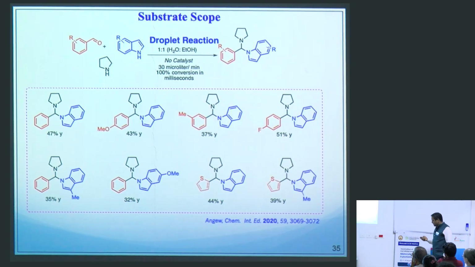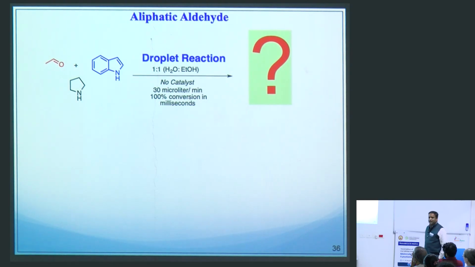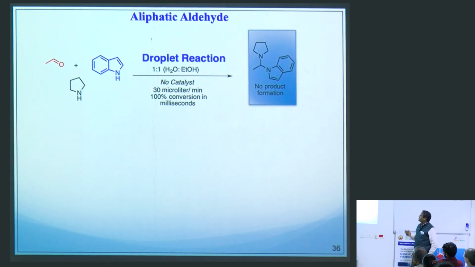When we go for aliphatic aldehyde, we are not able to get the product. We took acetaldehyde, and it first forms the iminium ion. Once the iminium ion forms, this nitrogen is going to attack here and form the product. But there is no product formation. Then we realized that the boiling point of acetaldehyde is too low, about 20 degrees Celsius.